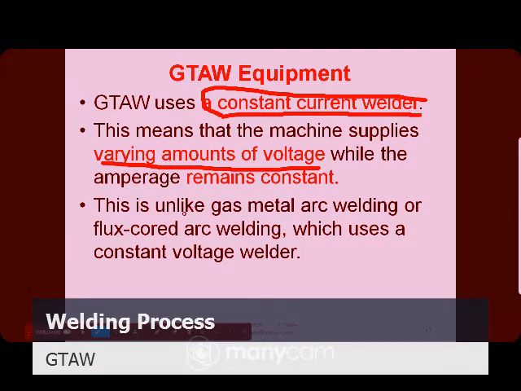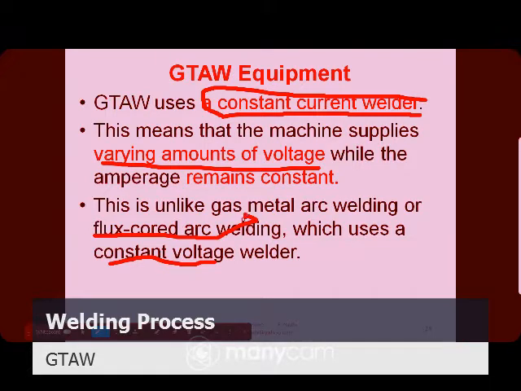This is unlike gas metal arc welding. As you know, gas metal arc welding uses constant voltage, and so does flux core arc welding.